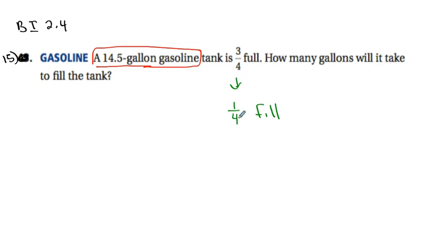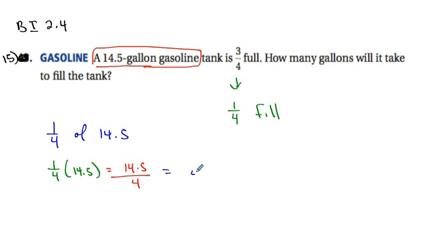So if I need a quarter, what is a quarter of 14.5? And really this is just 1/4 of 14.5. It's the same thing as saying 1/4 times 14.5. And this is the same thing as saying 14.5 divided by 4.